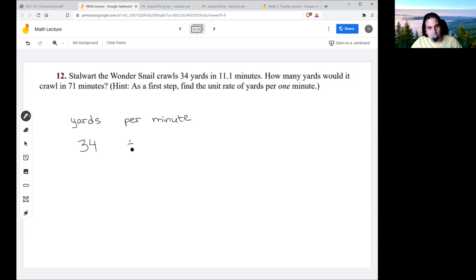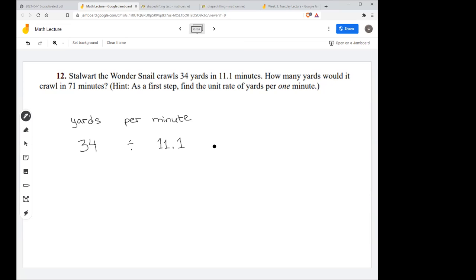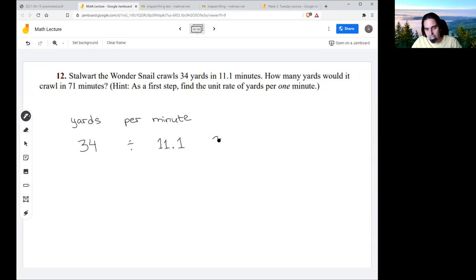Okay, so first I just plug things in that spot. The yards, per becomes division, 11. And I got about 3 yards per minute. I'm going to keep a few more decimal points just because I know if I round in the middle, I will change things. It won't matter too much. Okay, so every minute it goes that many yards.